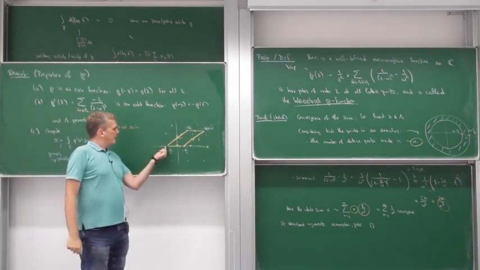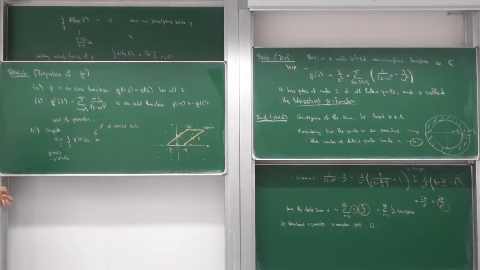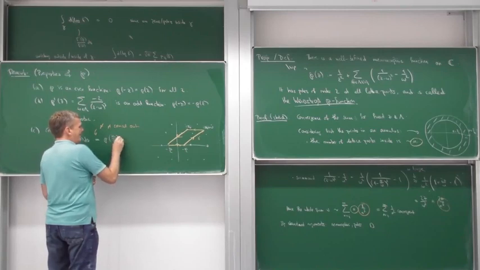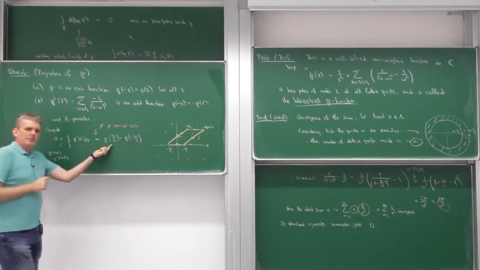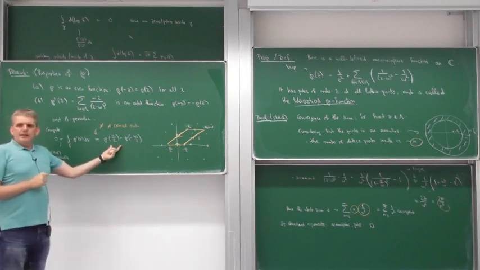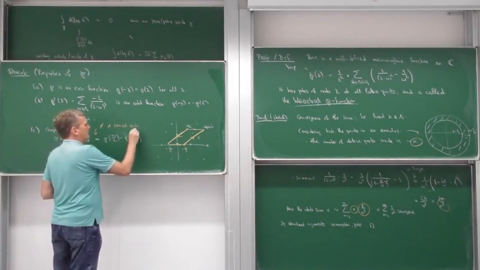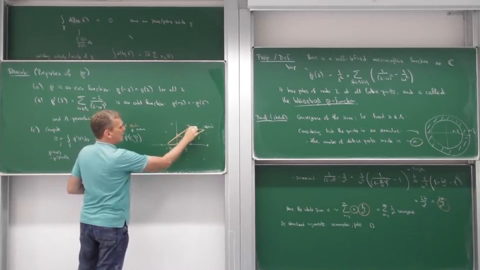And that means we only get the parts from the bottom and from the top. But on the bottom, we'll get p of that point minus p of that point. Recall that we just integrate over the derivative of p. So it's p of the endpoint minus p of the starting point. And p is an even function, right? So that means that will be the same. So that will drop out as p is even. And from the top, we'll get p of that point minus p of that point.